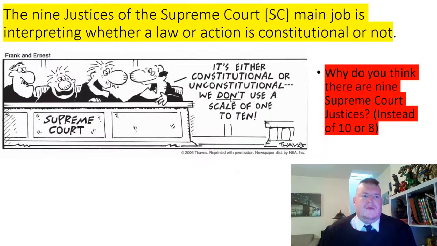Okay, so the 9 justices of the Supreme Court, their main job is interpreting whether a law or action is constitutional or not. The Supreme Court looks at everything coming out of the legislative branch, all the laws that they're passing, and makes sure there's nothing in the law or hidden in the law that would go against the framework that the Constitution is.